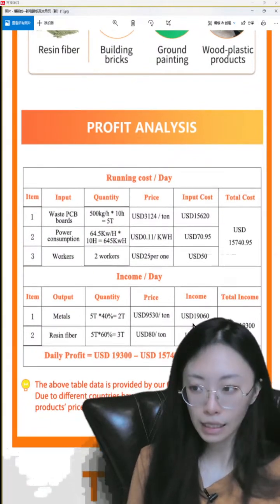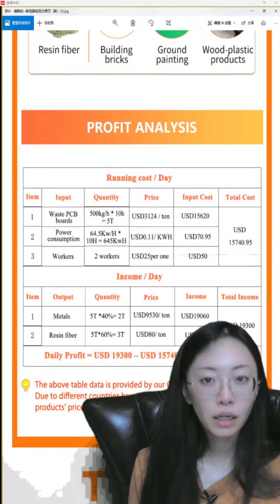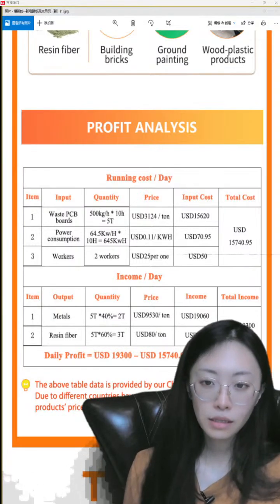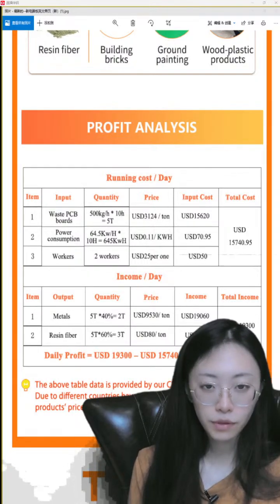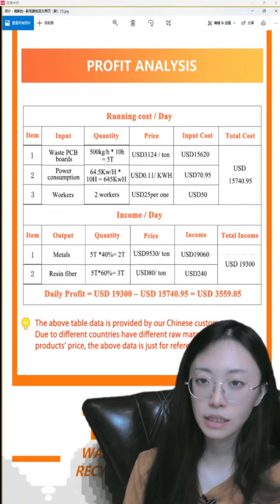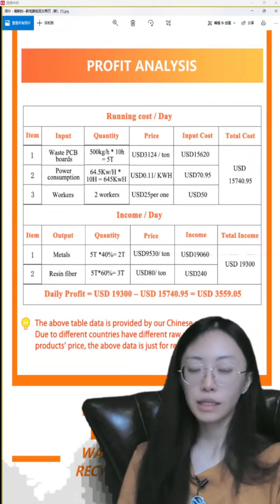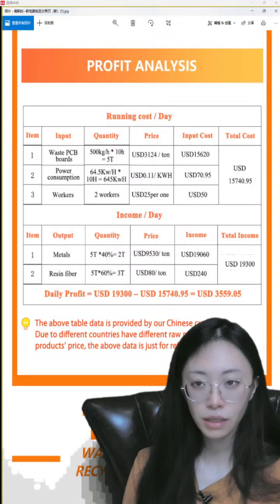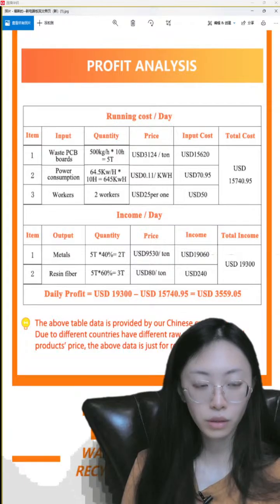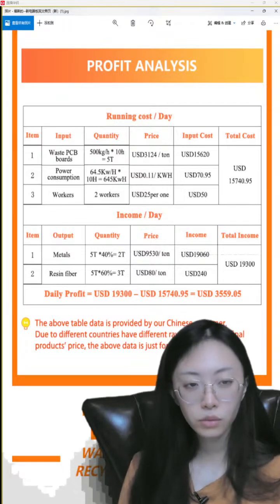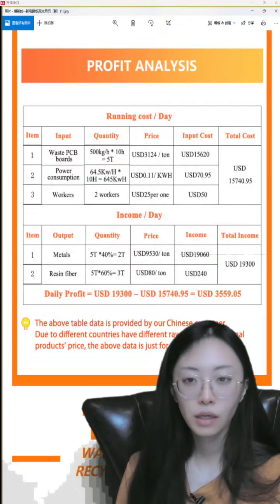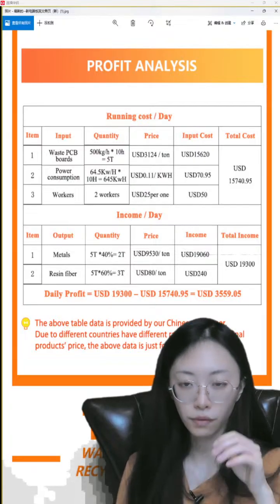This is a profit analysis, but it's just for reference. You can see what we will cost every day, and what the income is. You can have a look at this. The cost every day is first the raw materials, and then the power consumption, water consumption, then the energy in the combustion system, and then water use.